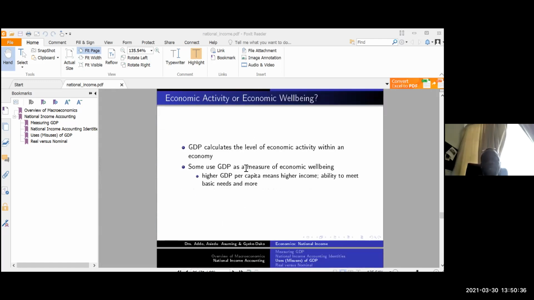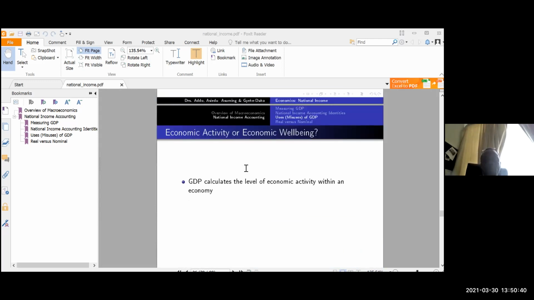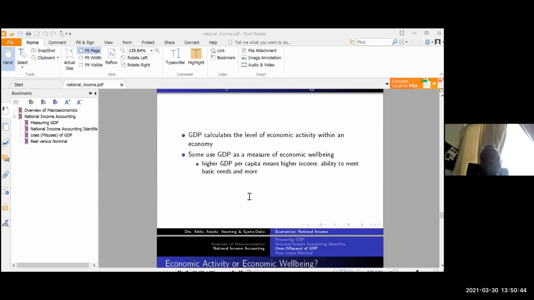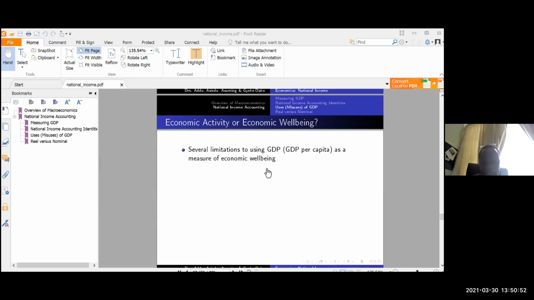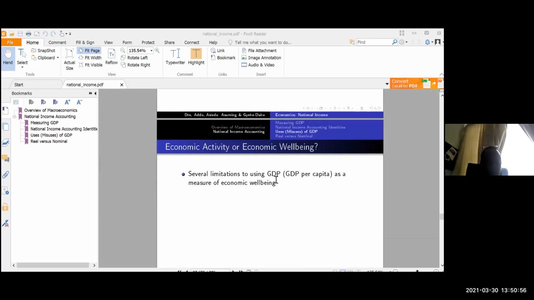Okay, so yes, GDP, is it a good indicator of economic well-being? Some use GDP as a measure of economic well-being, meaning that higher GDP per capita means higher income and ability to meet basic needs and more, but there are distributional issues when you use GDP or GDP per capita.